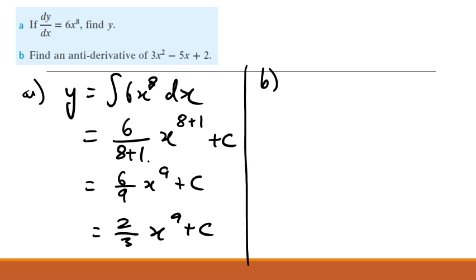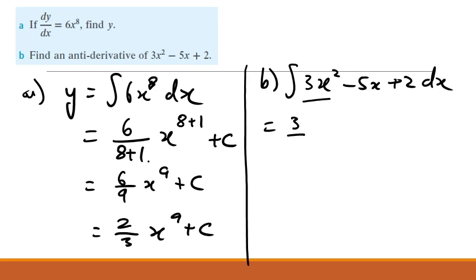Same thing as differentiation, you would actually anti-differentiate everything term by term. You see why I use the word integral instead, and from now on I'm going to use the word integral instead of anti-differentiation because it's a mouthful. You integrate each one separately. So this one, what do you get? What do we divide it with? Because we're adding 1 to the power. 3, good.